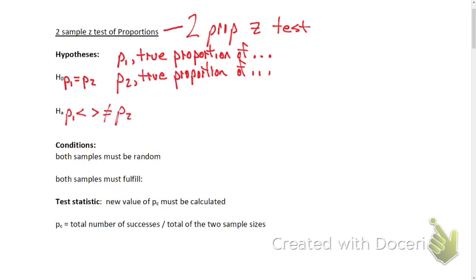You, of course, need to set alpha. Samples need to be random. Sometimes they're not. We need to make sure large counts checks out. So it's twice the amount of work that it used to be because now we have two samples.